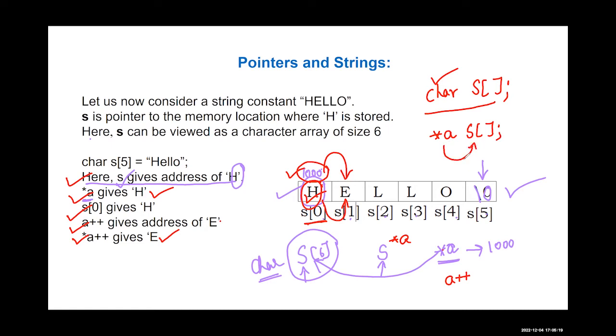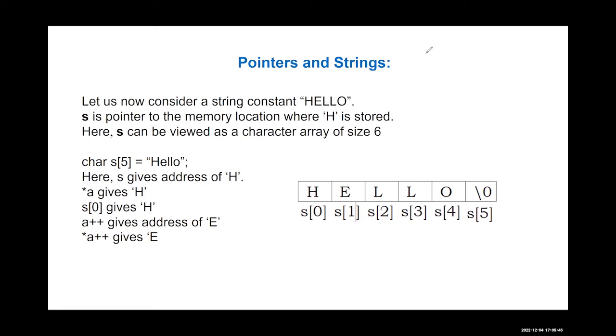Remember this point, and if you understand this, it becomes easier. When I say the name of the array, S, it gives me the base address. Also when I say *A, it gives me the base address. Also S[0], that is the 0th element, gives me the very first element, right? So this is all about pointers and strings.